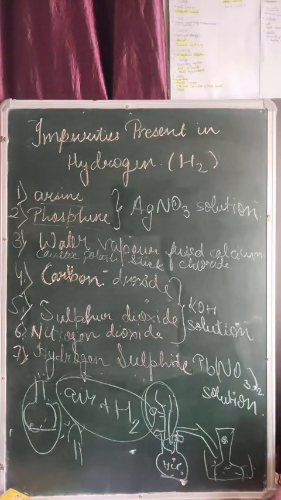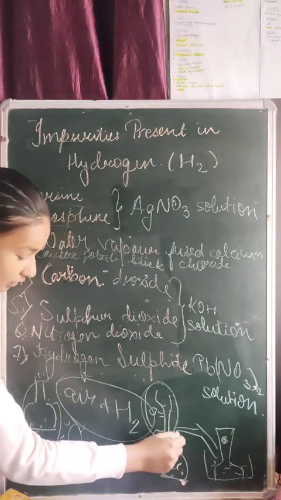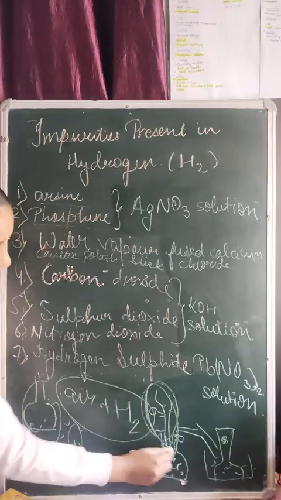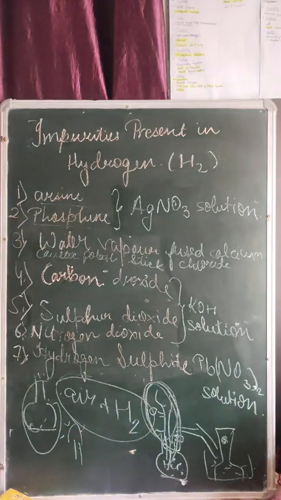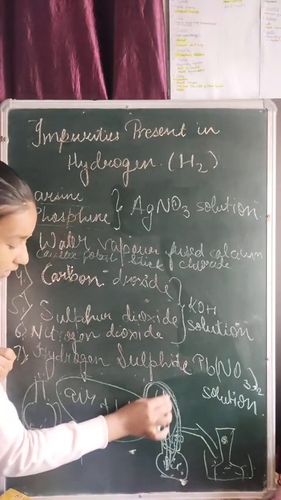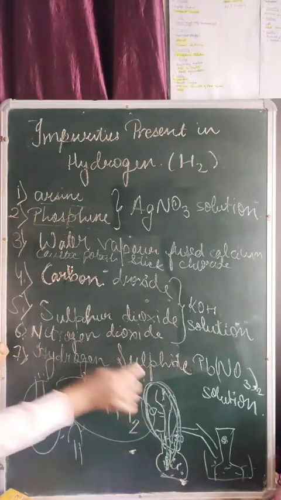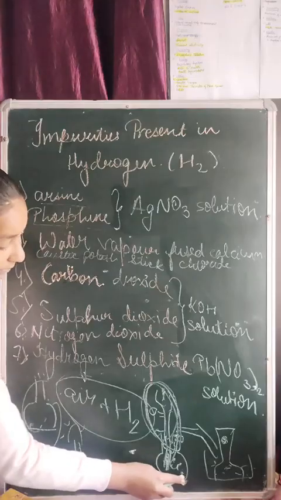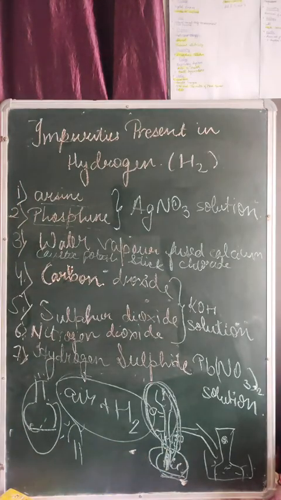The thistle funnel should be dipped into the acid so that the gas does not escape from it, because the thistle funnel has an opening. That would allow the hydrogen gas to escape. So in order to prevent that, it should be completely immersed in the acid, HCl or H2SO4.